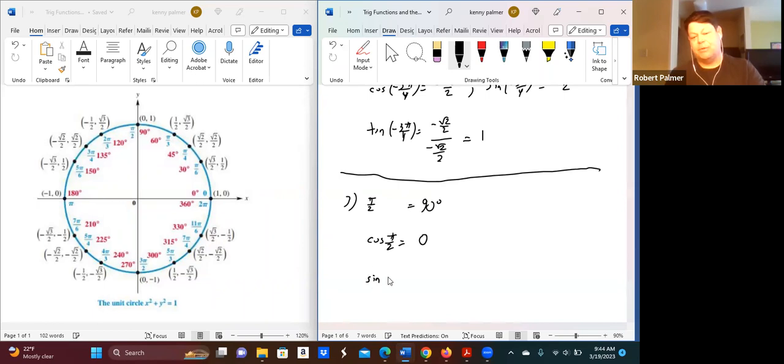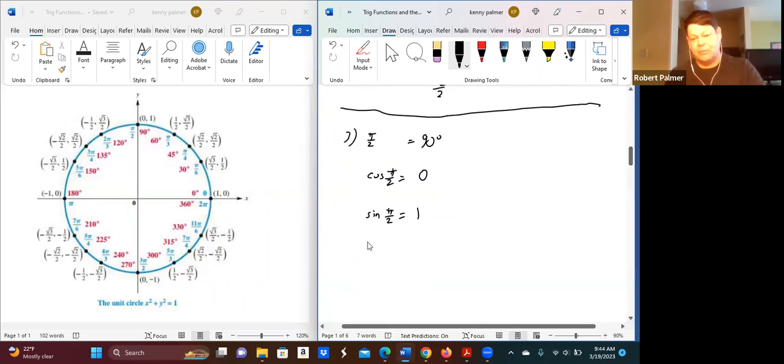Okay. Let's go and do sine next. Sine of pi over 2 is the y coordinate, which is 1. Okay, let's go ahead and do tangent. Actually, before we do tangent, let's talk about these. Cosine. Now, what happens when we do secant? It's the reciprocal. The reciprocal of that is 1 over 0.